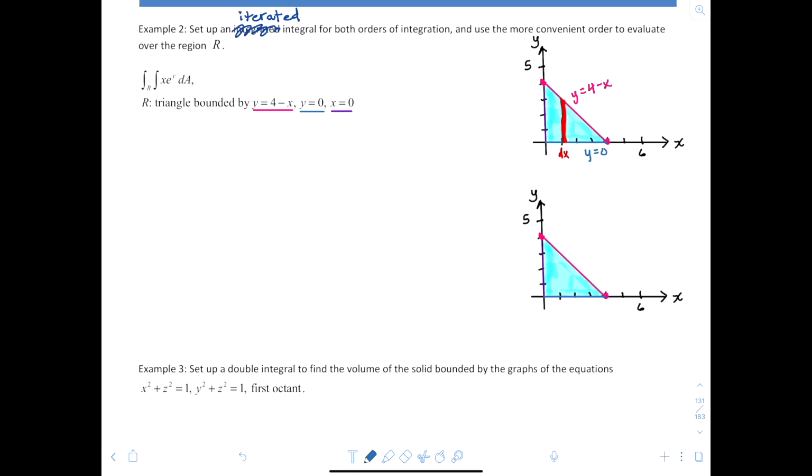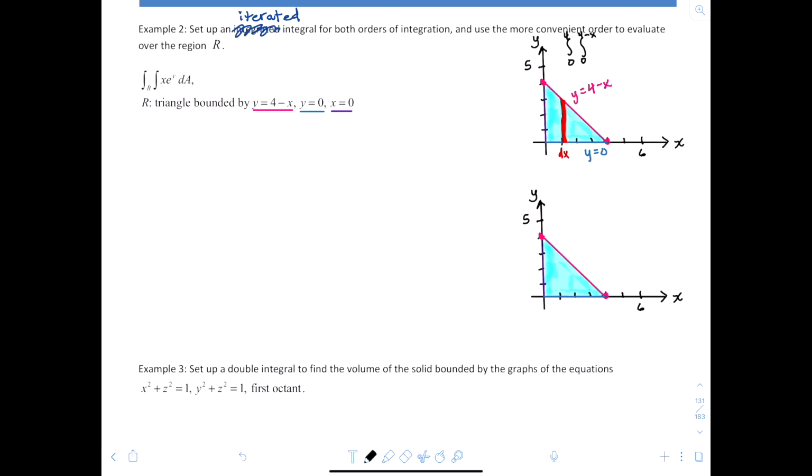And so our integral would be set up as the integral from 0 to 4 on the dx, and then 0 to 4 minus x on the dy.